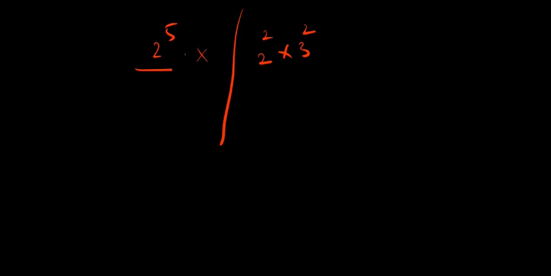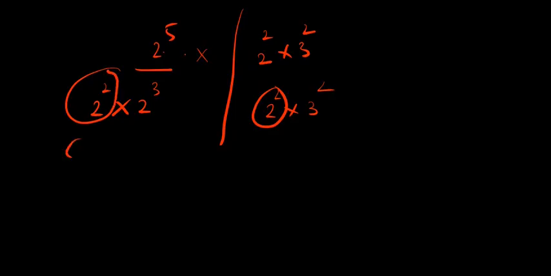That means this number has common in both, that is 2 square into 2 cube, and this is 2 square into 3 square. This 2 square is common in both, right? Common in both should be taken only one.